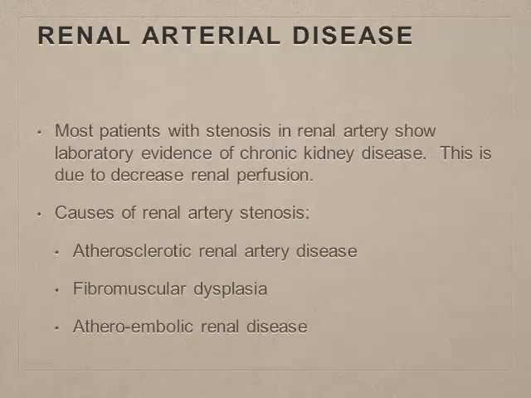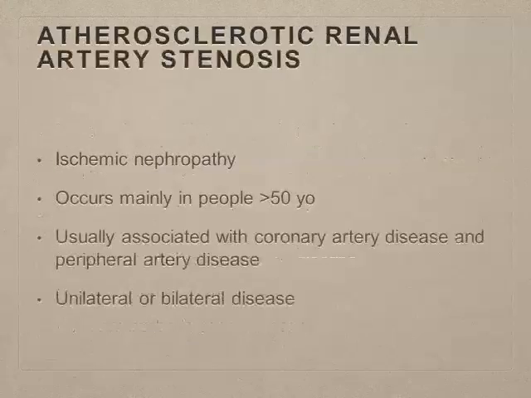Now, this is not an all-inclusive list of causes of renal artery stenosis, but the ones that you'll commonly see are atheroembolic disease, fibromuscular dysplasia, and atherosclerotic renal artery disease. Atherosclerotic renal artery disease is most likely a unilateral disease on presentation, whereas fibromuscular dysplasia and atherosclerotic disease can very much be a bilateral disease.